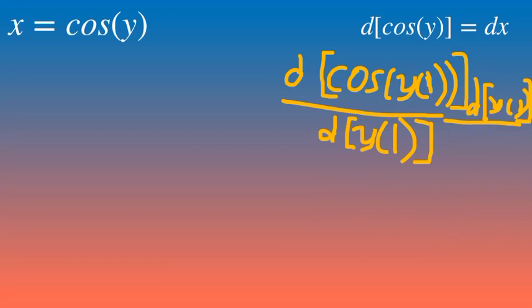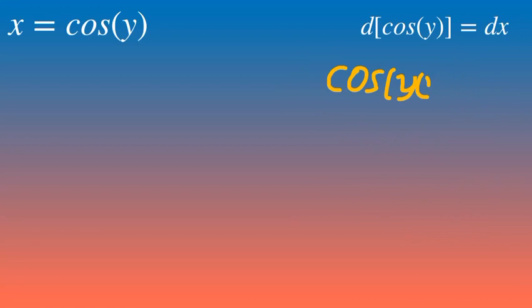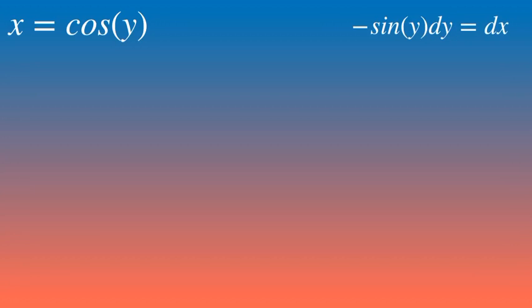And so we get negative sine of y times dy equals dx.